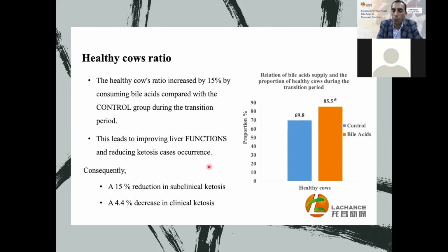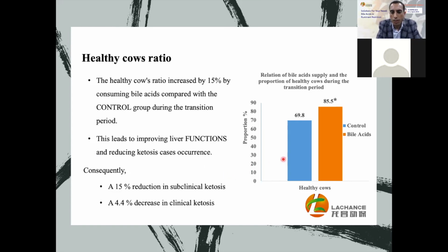So the final product is energy, and the concentration of beta-hydroxybutyrate is minimized. This is the only explanation, and we will try to confirm it in the future when we design experiments with commercial dairy cows.